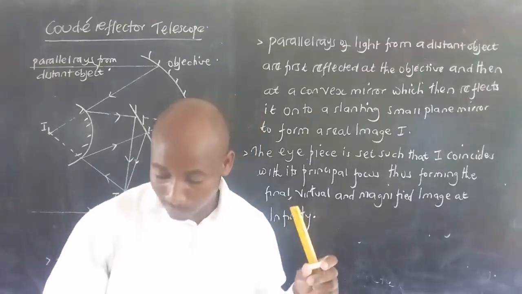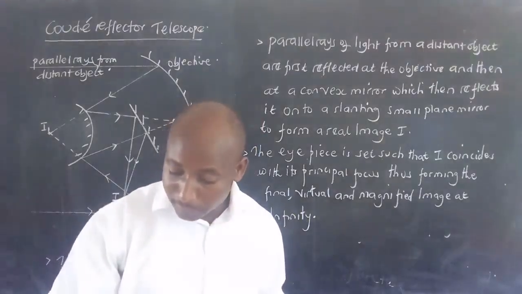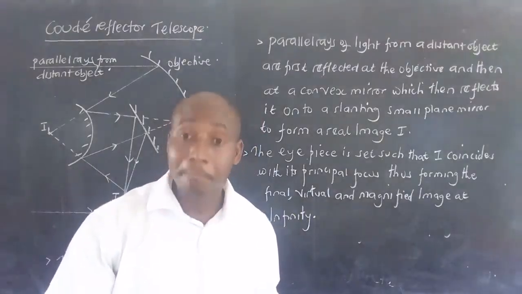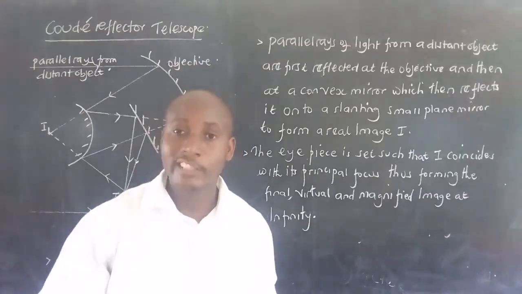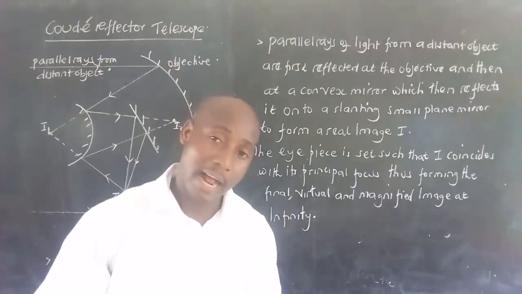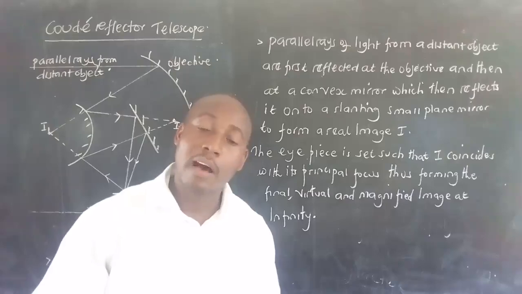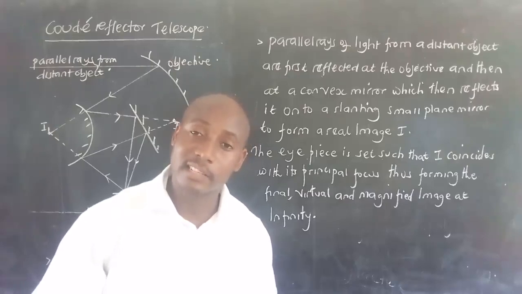That's number one. Number two, spherical aberration can be minimized by using a parabolic mirror as the objective. Of course, you know, spherical aberration occurs both in spherical mirrors and lenses.